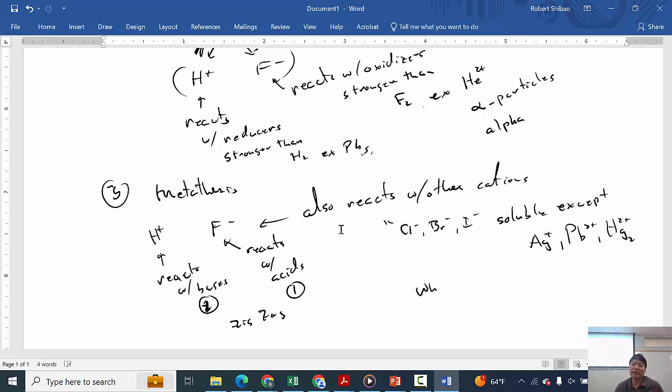What about fluorides? Fluorides are smaller and more reactive than chloride.